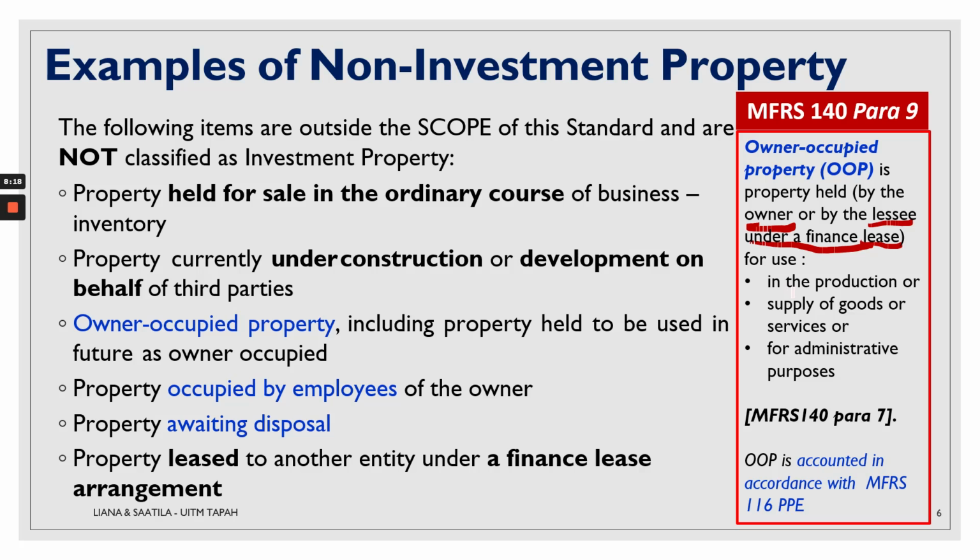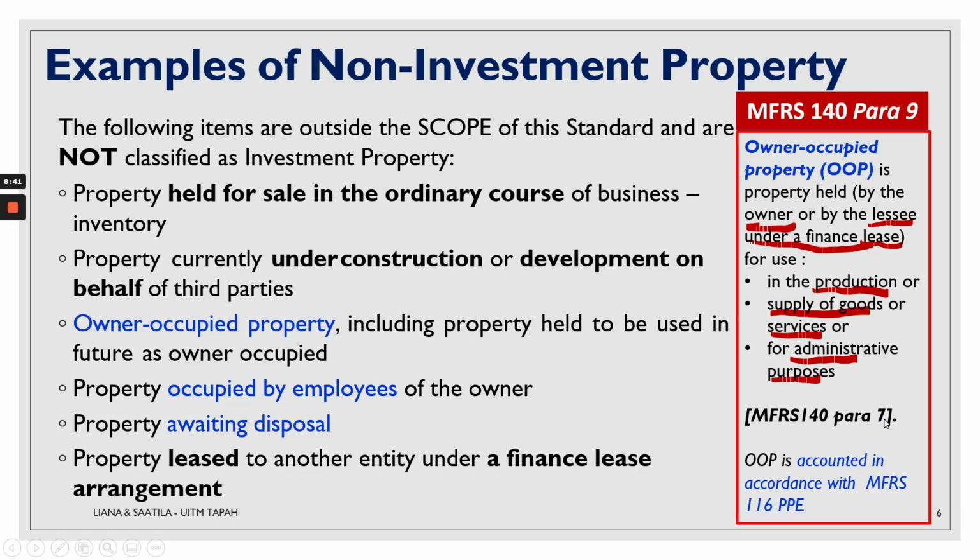For use in the production or supply of goods or services, or for admin purposes. So if you have this property, land or a building or part of a building, or both land and building, that are used for this purpose, which is similar to those under MFRS 116.